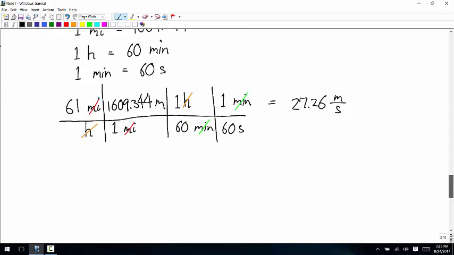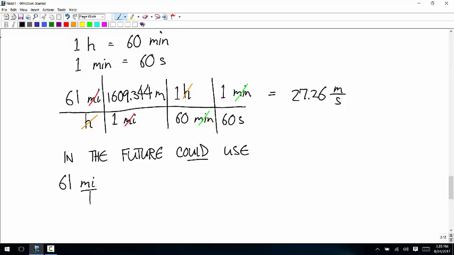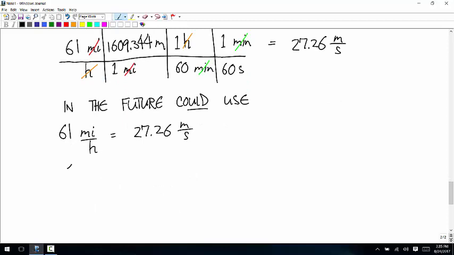And now, by the way, now that we have this equivalence, in the future you could use that 61 miles per hour is equal to 27.26 meters per second. For example, let's say now we want to know what 20 miles per hour is in meters per second.